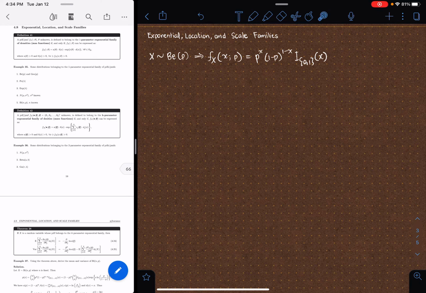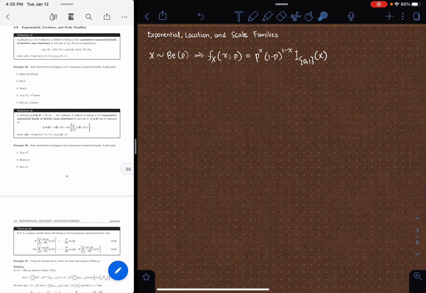So we're going to show that this function right here may be written as the product of some function of theta alone. In this case, our theta is p. Let me just write theta here.